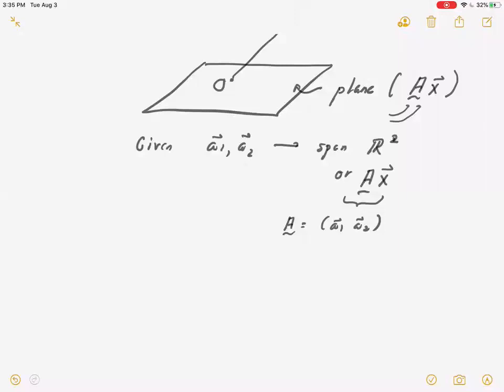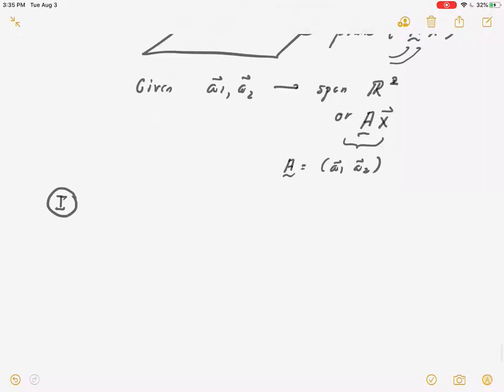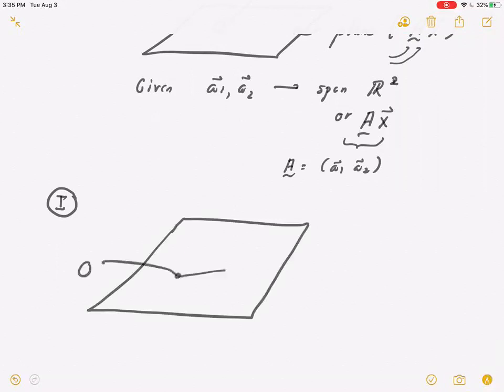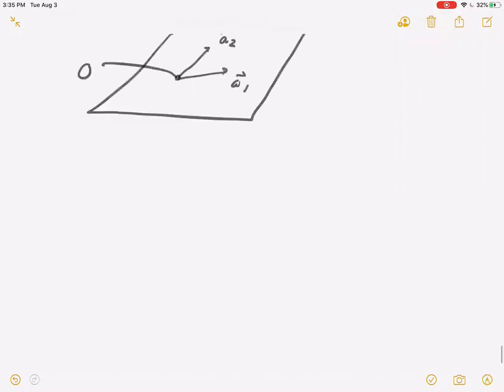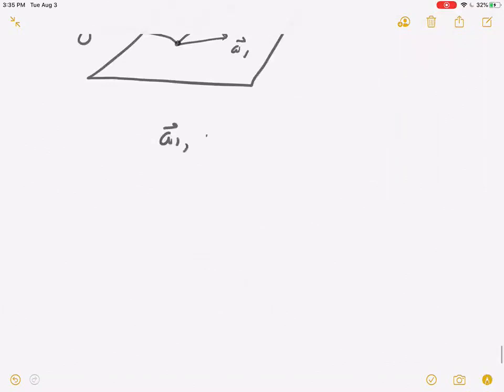Okay, so let's look at this again. Let's approach it very slowly from the beginning. In the beginning, there's an origin. There is a vector A sub 1, and there's a vector A sub 2. There are many choices that you could pick, an infinite number of them, and you're only going to pick the ones that are linearly independent.